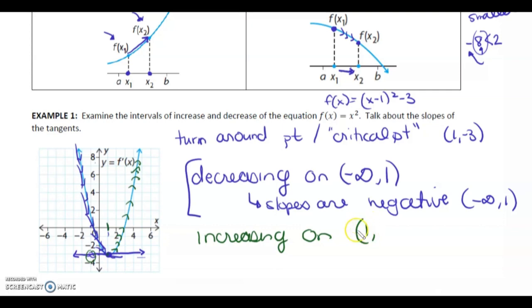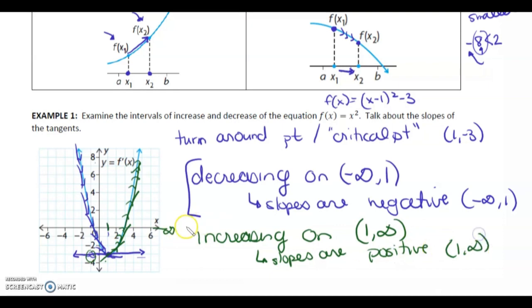So we write it down, but we use the open bracket so that we don't include it. And all the way up to positive infinity, we're going to be increasing forever. And what we can see here is if we draw the tangent slopes, okay, the slopes are positive. Okay, and that's on 1 to infinity. And those two things go together.